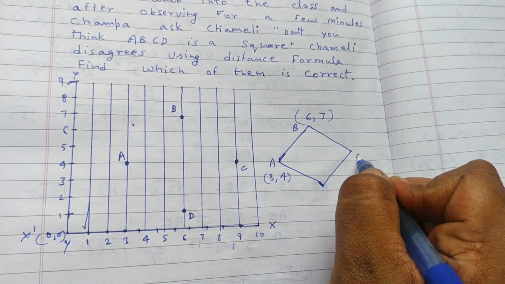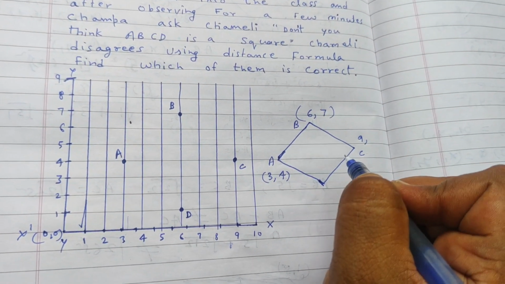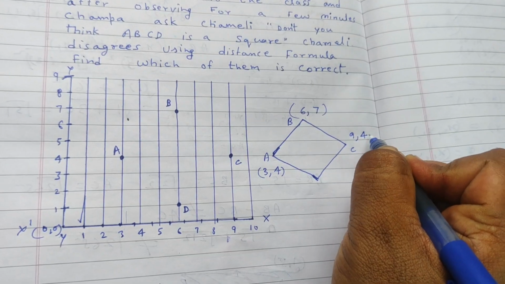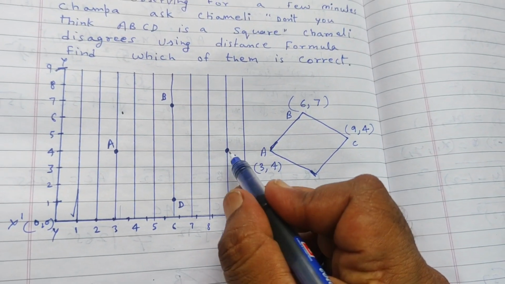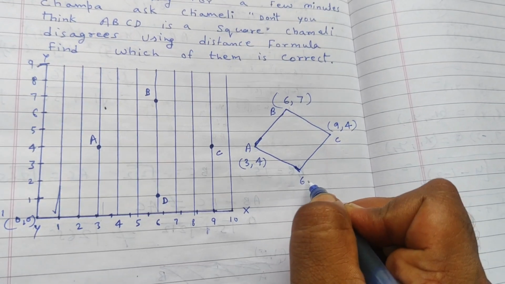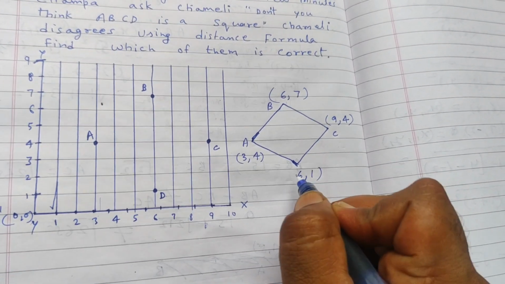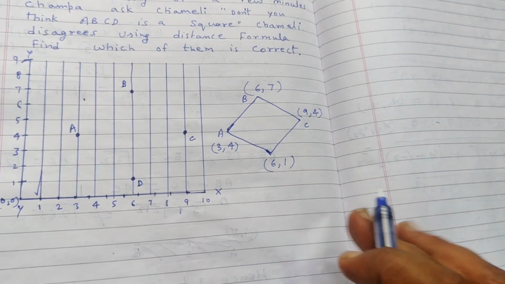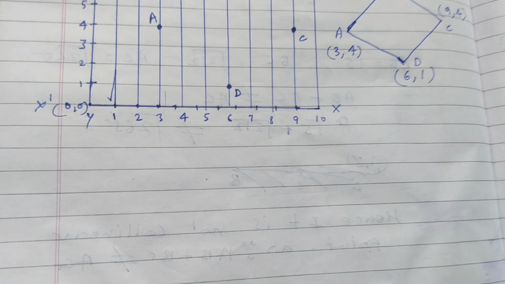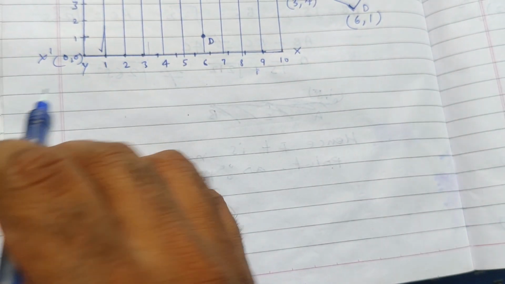C is (9, 4) and D point is (6, 1). So we have checked it.